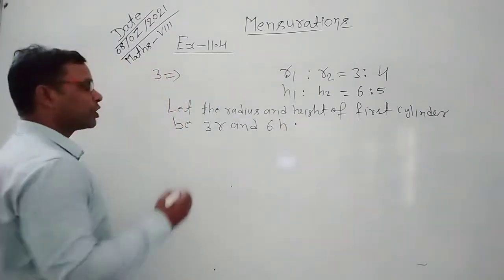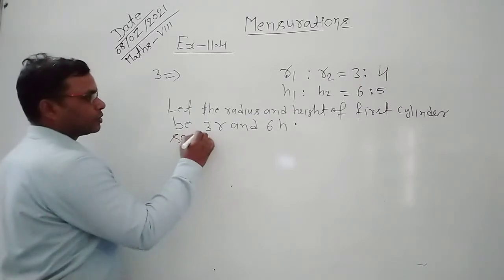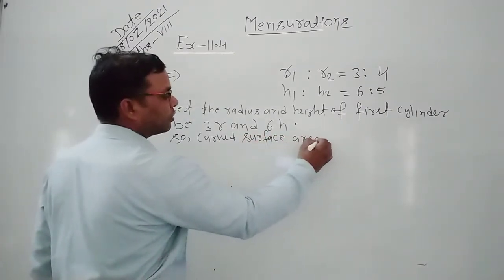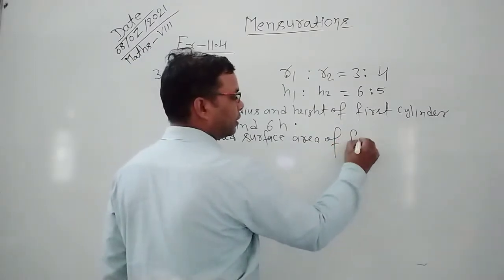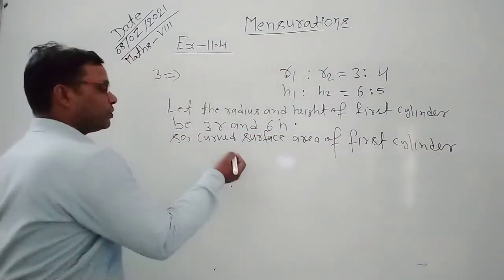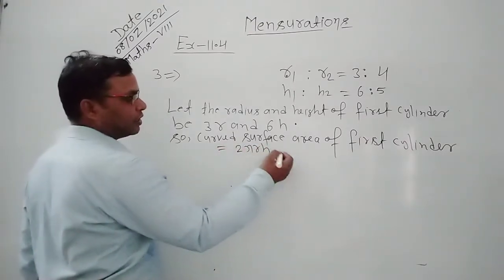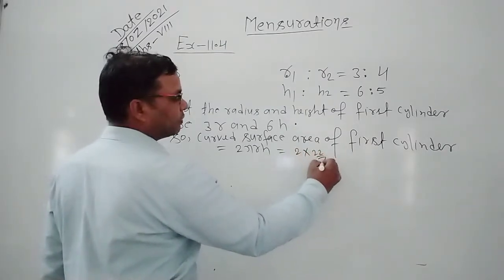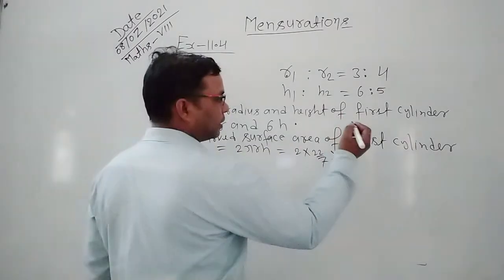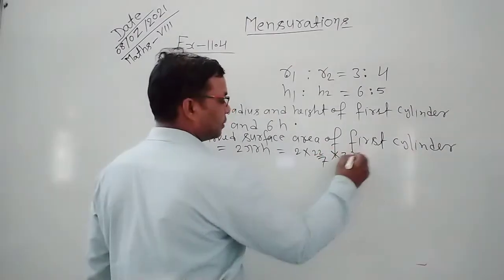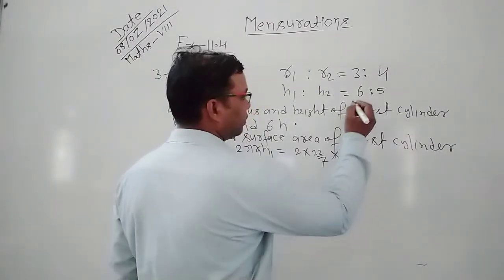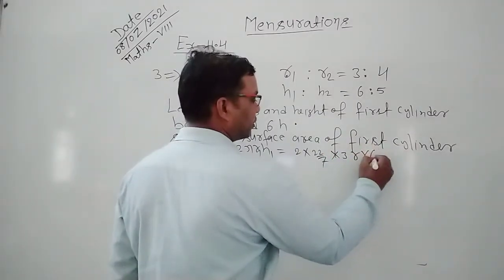So the curved surface area of the first cylinder is equal to 2 pi R1 H1, or 2 into 22/7 into R1, which is 3R, into H1, which we let be 6H.